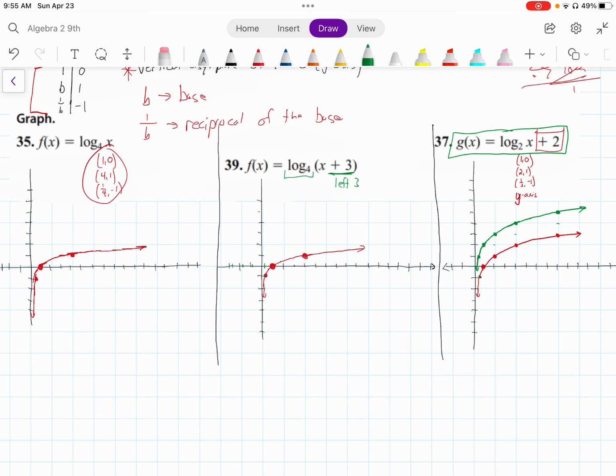Sorry, negative 2 3/4. So that moves left 3. This one's easier. This moves left 3, and this one moves left 3. Our asymptote moves left 3, so instead of being at 0, it's going to be at negative 3. And so here is the graph of log base 4 of x plus 3.